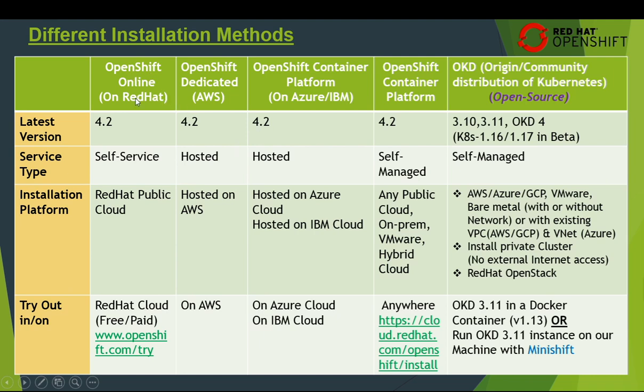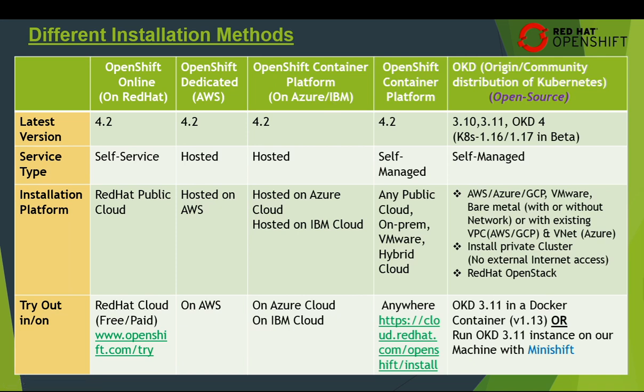First is OpenShift Online, which is supported by Red Hat and also built on Red Hat Cloud only. Then we have OpenShift Dedicated, which is built on AWS but supported by Red Hat, right? Then we have OpenShift Container Platform on Azure and also on IBM Cloud.